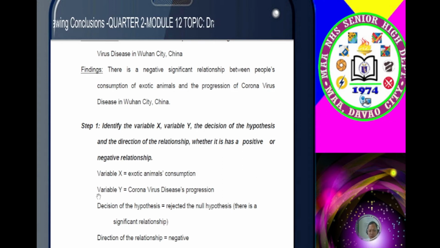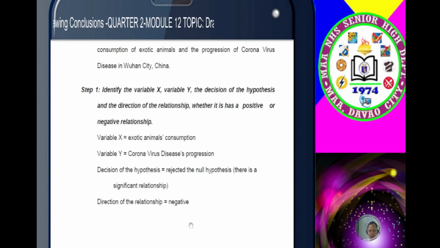Variable Y is coronavirus disease progression. Our decision here is to reject the null hypothesis since there is a significant relationship. The direction here is negative. For your guide, you can look again at your table in Pearson r, especially interpreting the result of the r value.